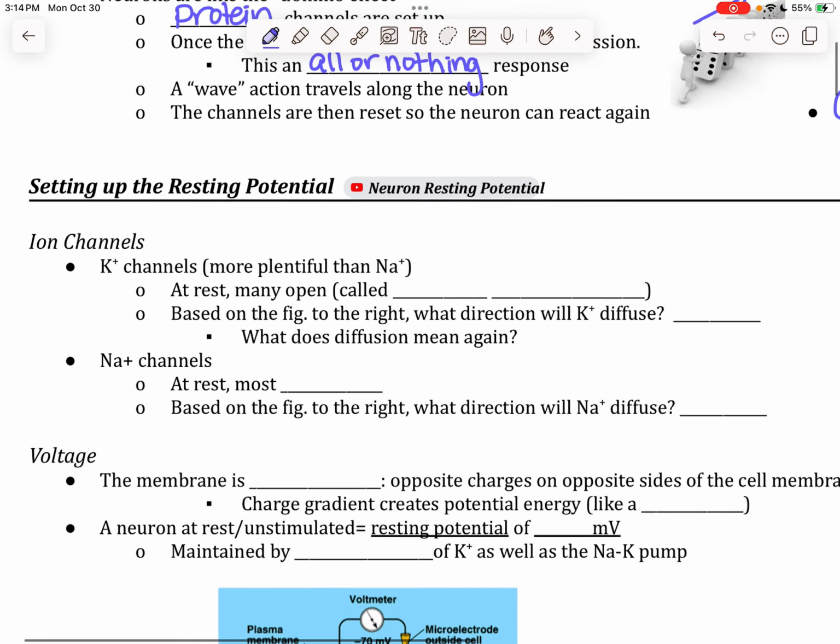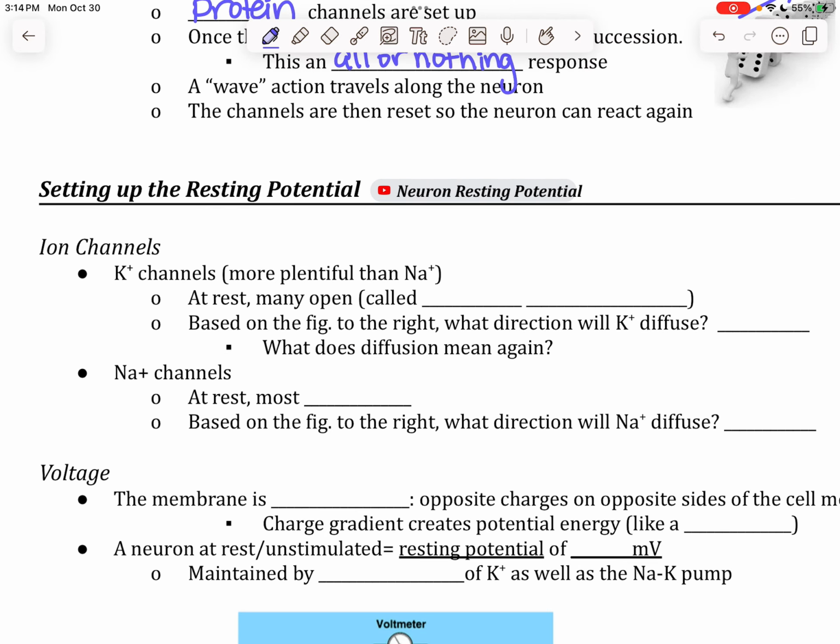At rest, potassium channels, which are more plentiful in quantity than sodium channels, many of them are open, so we call them leaky channels, because the ions just leak through the membrane. They don't have to be going in each direction based on something.